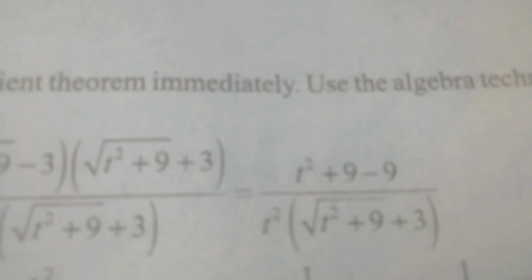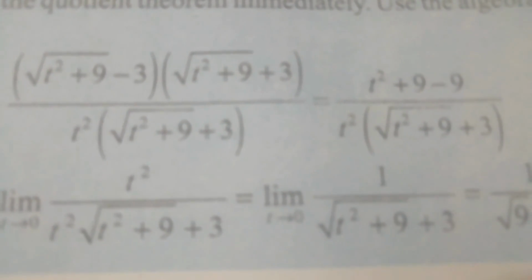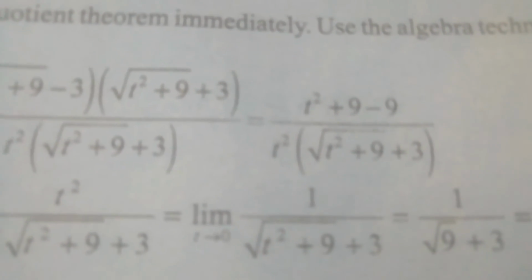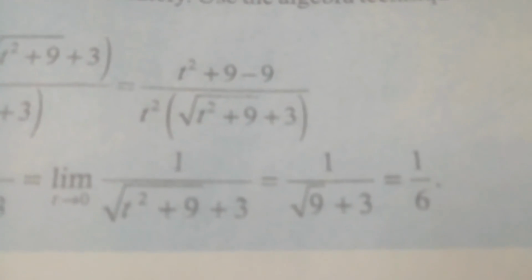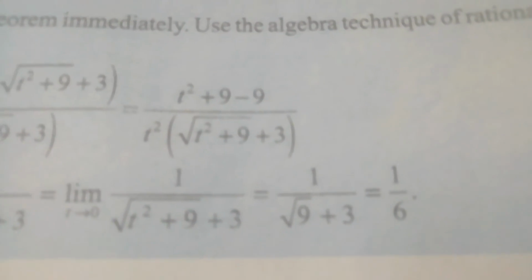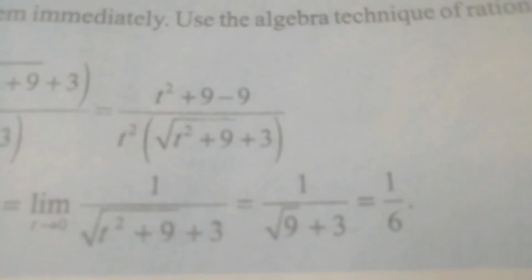Plus 9 minus 9 is cancelled. So t square by t square into (root of t square plus 9, plus 3). t square cancels. Now we can substitute t tends to 0: 1 by (root of 0 plus 9, plus 3). Root 9 is 3, so 3 plus 3, the answer is 1 by 6. Okay.